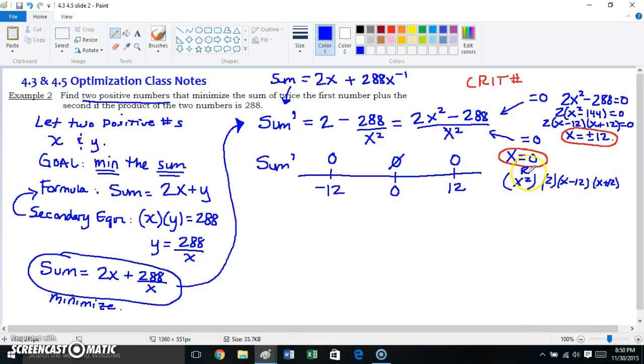This is my related polynomial just for the sake of thinking about positiveness and negativeness of the derivative. It's a fourth degree, so it's got to go up on either end. We've got to have a kiss and run at 0. So our derivative is going to be positive to the left of negative 12, then negative, and positive.